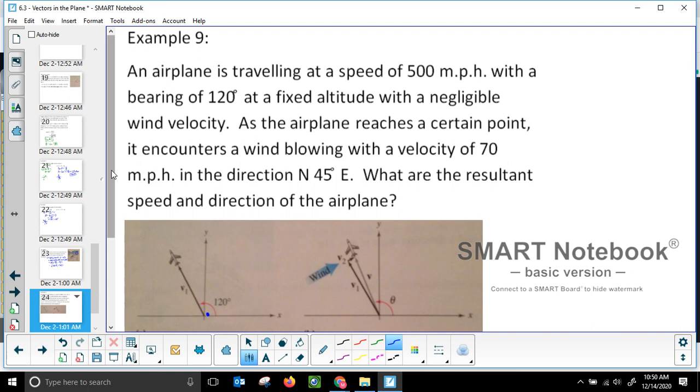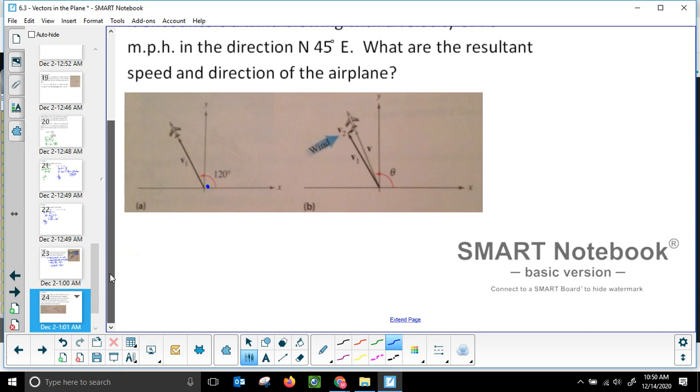First, in order to add them, we can't just add the magnitudes and add the angles. It doesn't work that way. So we're going to put them in component form first, because then it's really easy to add them.